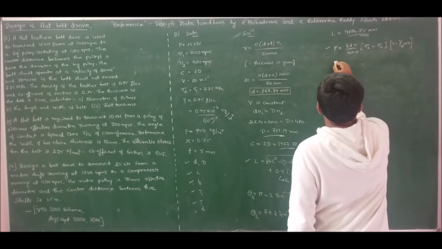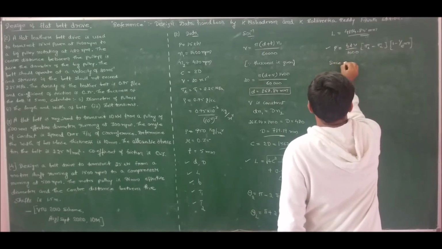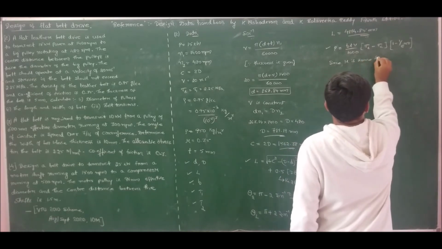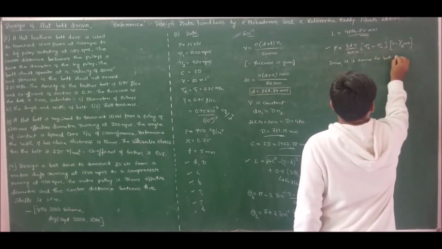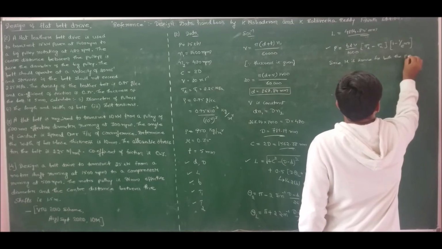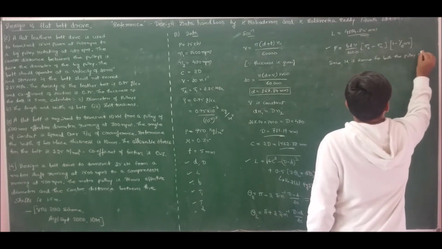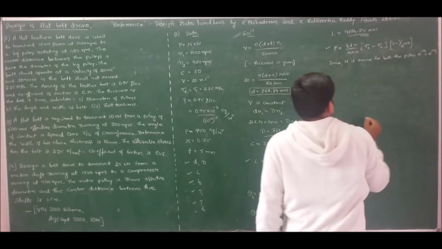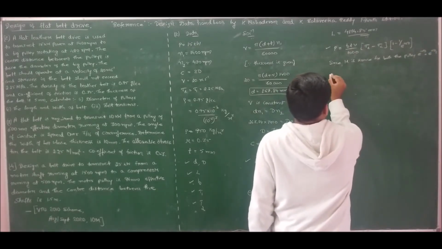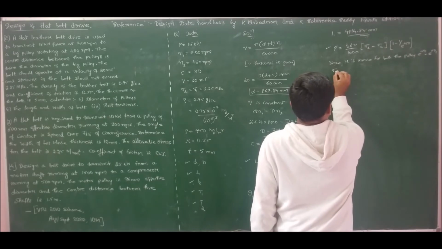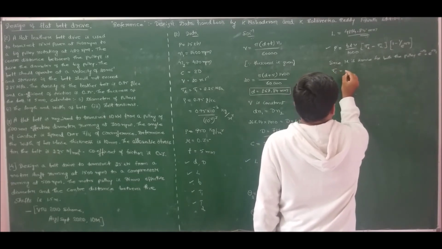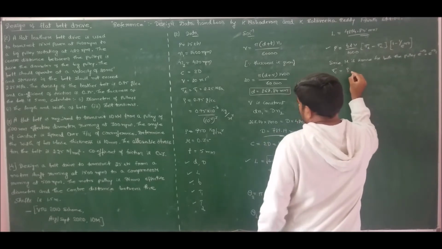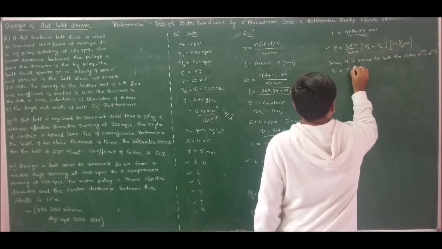Since mu is the same for both pulleys, e to the power of mu theta is nothing but e to the power of mu theta S. And we want to calculate the value of centrifugal stress. The formula for centrifugal stress when density is given is rho v square.